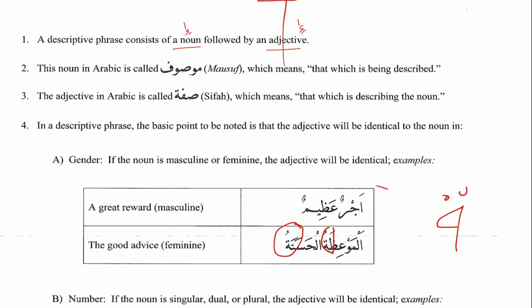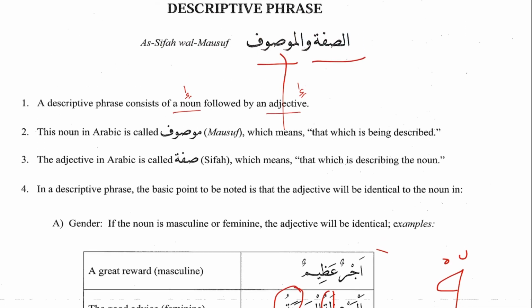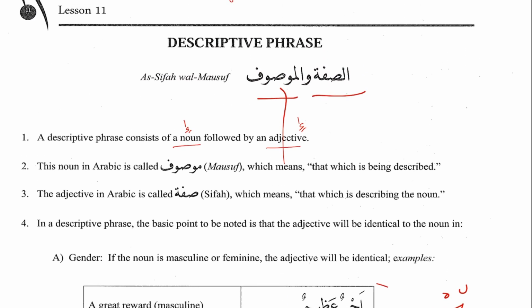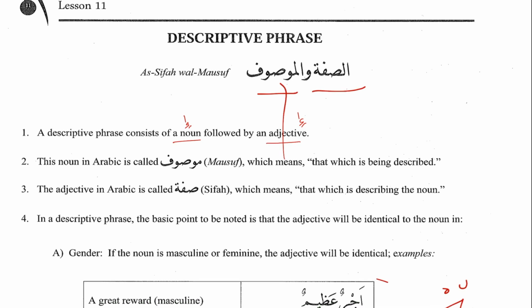The thing about as-sifat wal mawsuf is that in this descriptive phrase, both the nouns will be identical. So what are the different properties of a noun in Arabic, if we're talking about al ism?